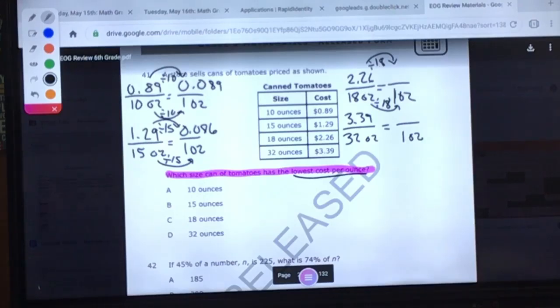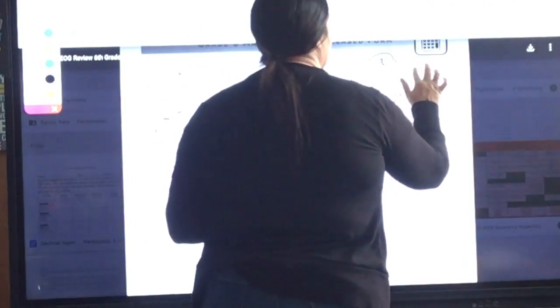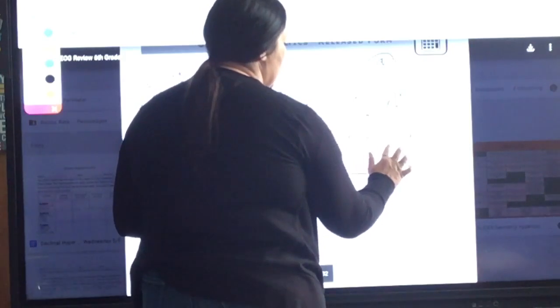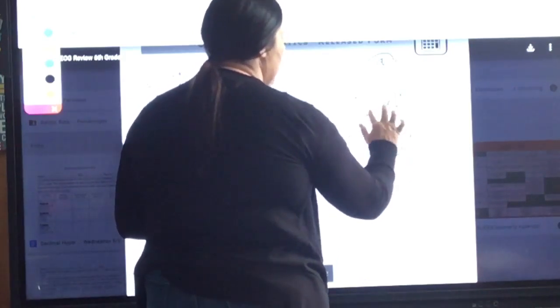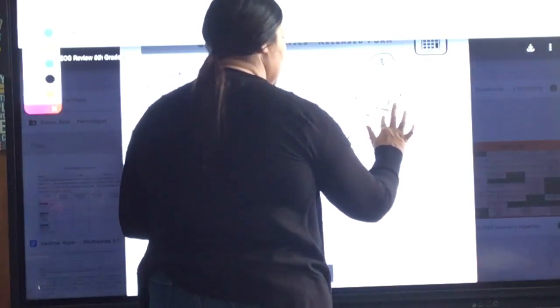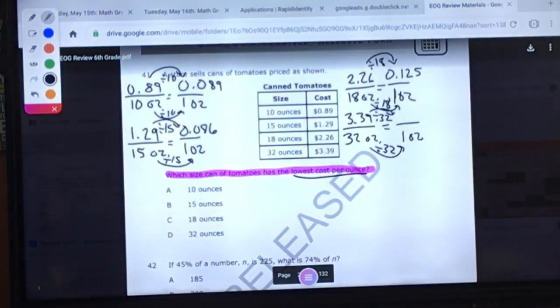No. 0.125. All right, and then the last one, when you divide $3.39 by 32, what do you get? Someone other than Kylie and Ronnie. Lily. 0.105. 0.105, yes.